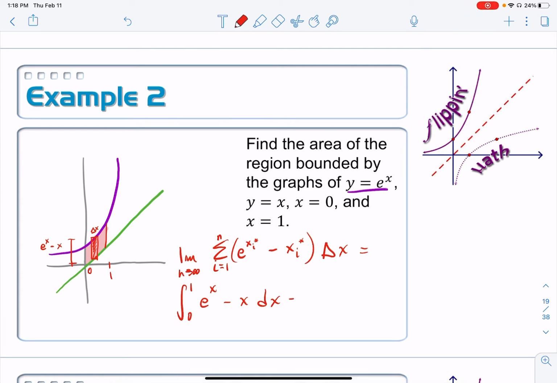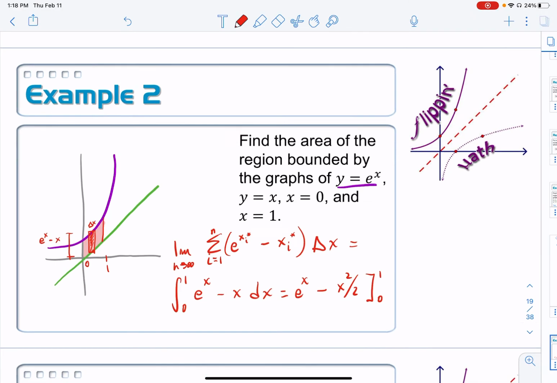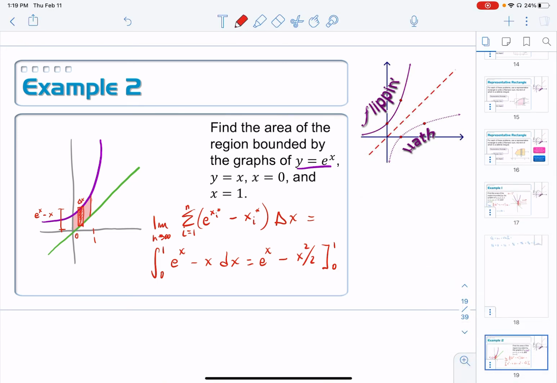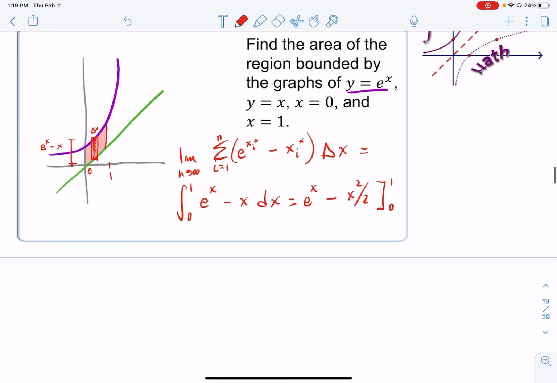What's the antiderivative here? The antiderivative of e to the x is e to the x, minus x squared over 2, and we're going to evaluate that from 0 to 1. So this time we do care about the 0 because we have an exponential function in here, so we do have to actually evaluate it.